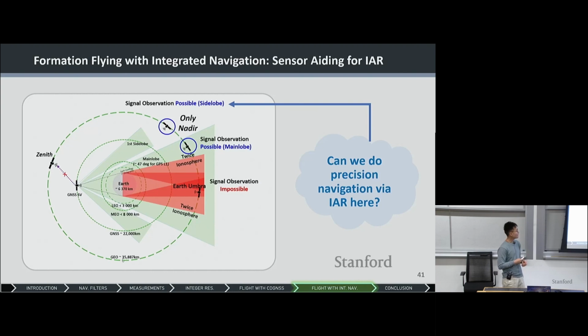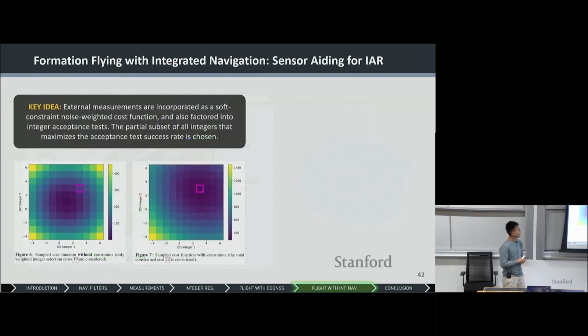And the key idea is, if we want to enable high precision operations in a higher orbit, how do we achieve that? The idea was to still perform float ambiguity estimation in real time in your filter, but then have your angles-only and range measurements form an additional constraint on your IAR process.